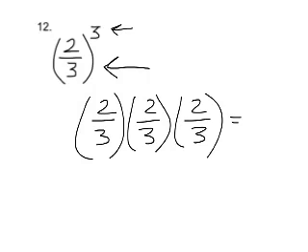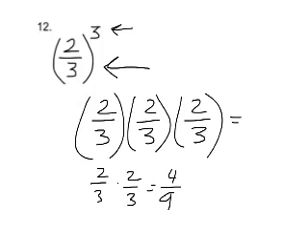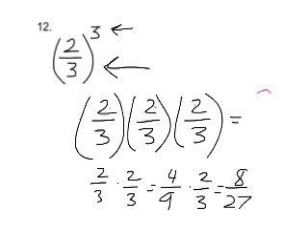Now we could do 2 at a time here. Doesn't mean you have to do all 3 at once if you don't want to. So we could do 2/3 times 2/3, and we get 4/9. And then we have another 2/3 to multiply by. That would give us 8/27. Or if you did it in your head, it would be 2 times 2 times 2 equals 8, and 3 times 3 times 3 equals 27. That's the answer.